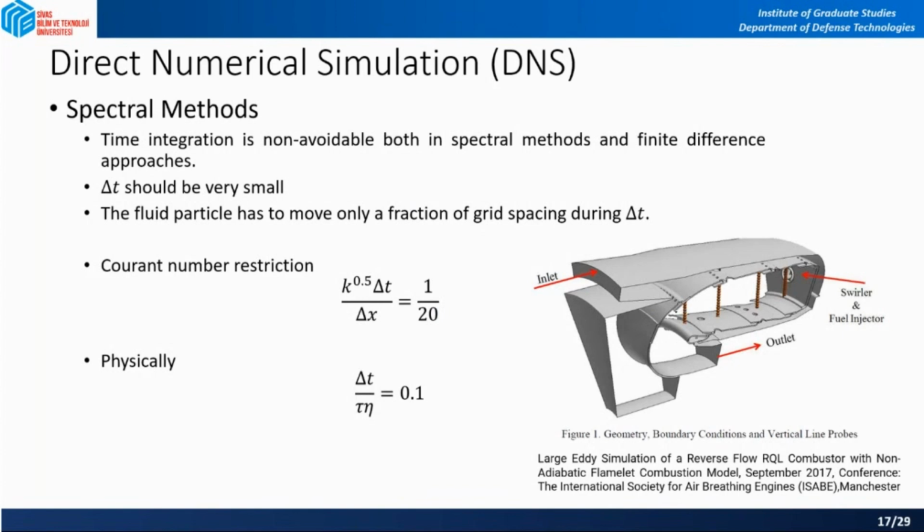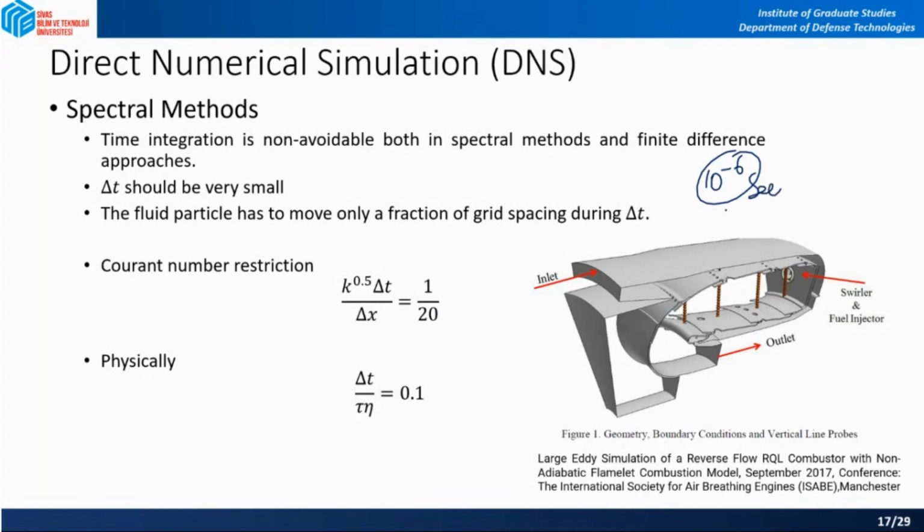The time step was smaller than 10 to the minus 6 here. And it is LES, it's not DNS. So in one example of LES, the time step was 10 to the minus 6 seconds.